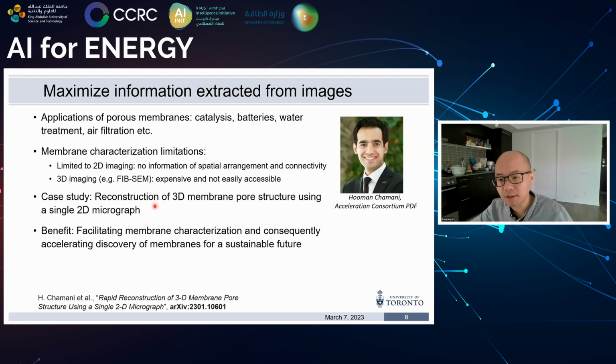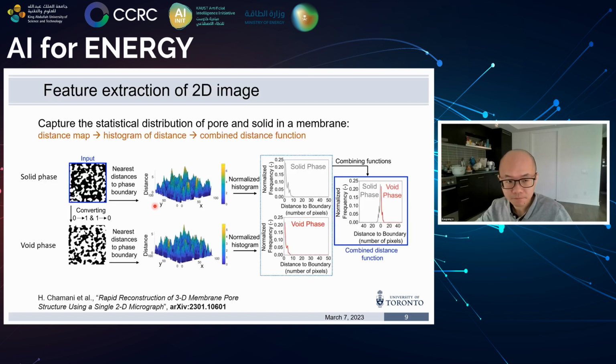To address this bottleneck in membrane characterization, Human, another postdoc in our group, used machine learning to develop a package for the reconstruction of the 3D membrane structure using a single 2D micrograph. A key aspect in his work is to extract the features from the 2D image.